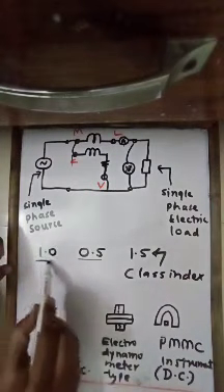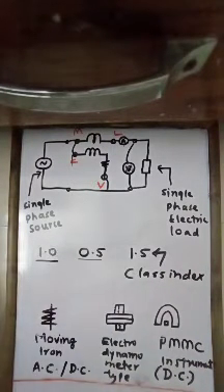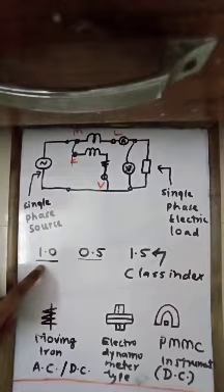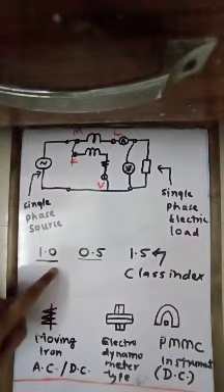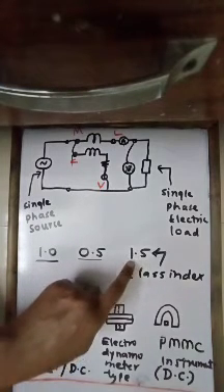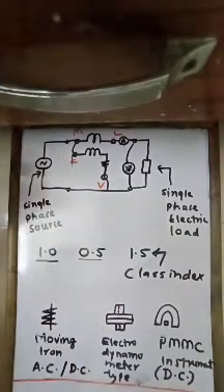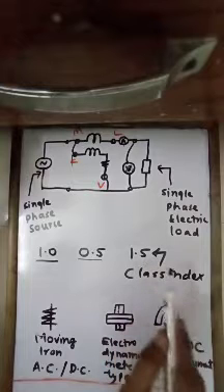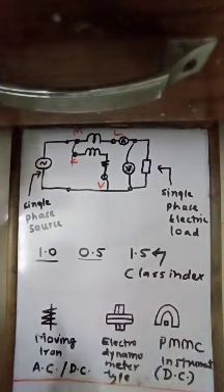If the class index is 1, then 1% of the full scale deflection error can exist anywhere, even for a particular small reading. If the class index is 1.5, then 1.5% of full scale deflection error can exist anywhere.